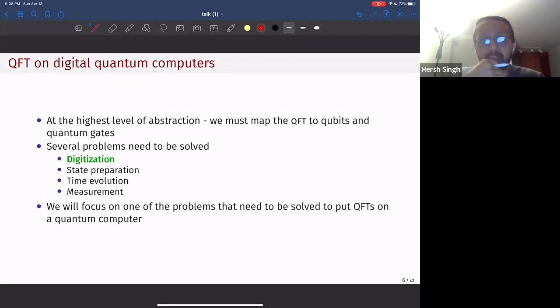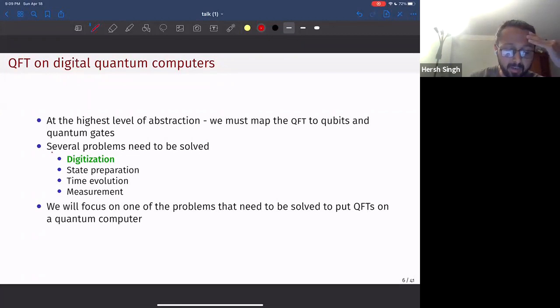In such a system, if you wanted to do, say, a scattering calculation of a quantum field theory, you have a whole bunch of things that you have to sort out, right? At the very elementary level, you have to find an encoding of the degrees of freedom of your QFT onto the actual hardware degrees of freedom, which is qubits, and so on.